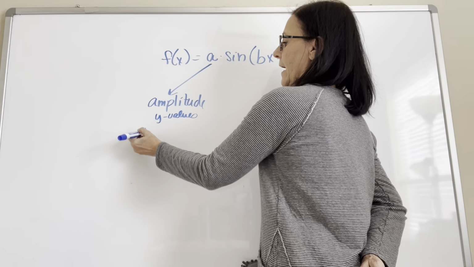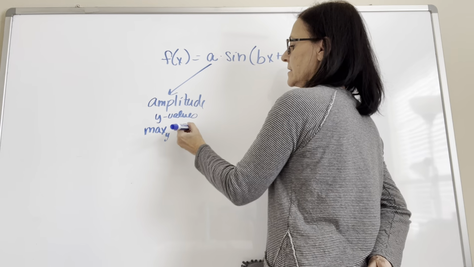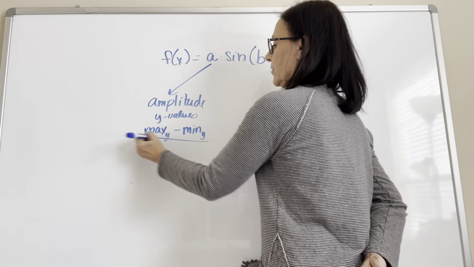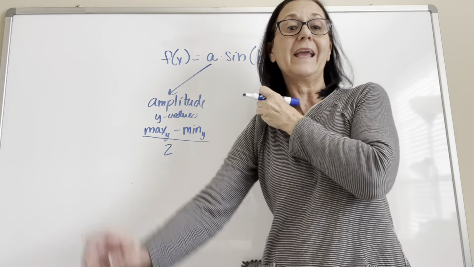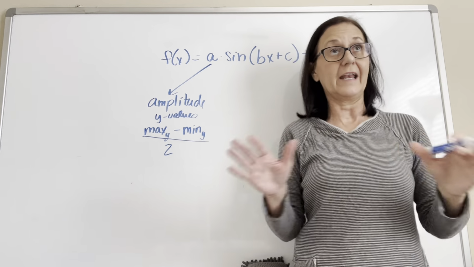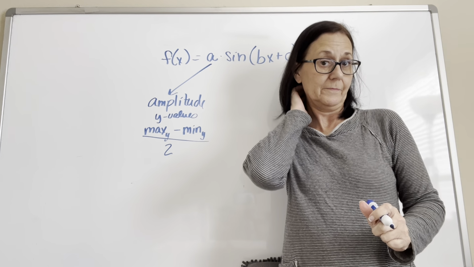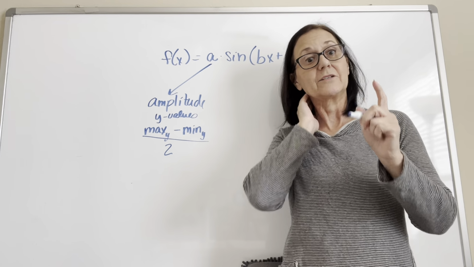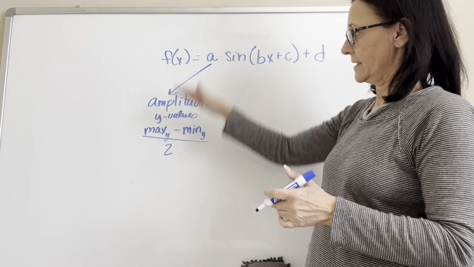You could do the max y value minus the minimum y value, and take half of it, divide it by 2, so you can get your amplitude. And remember, the amplitude is always the absolute value. There's not a negative amplitude, because that negative, remember, is a reflection, a vertical reflection across the x-axis.